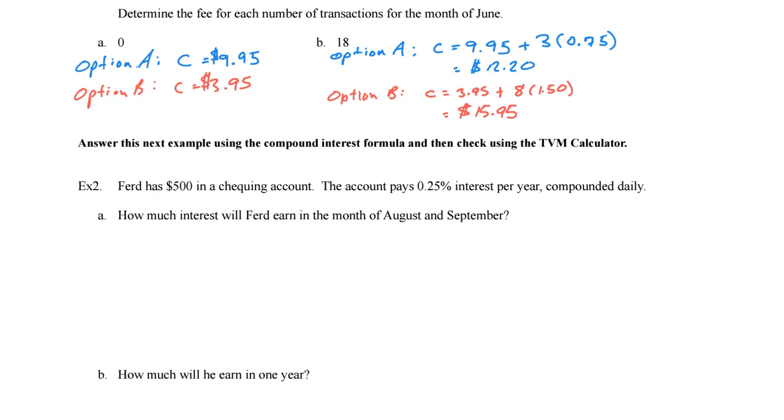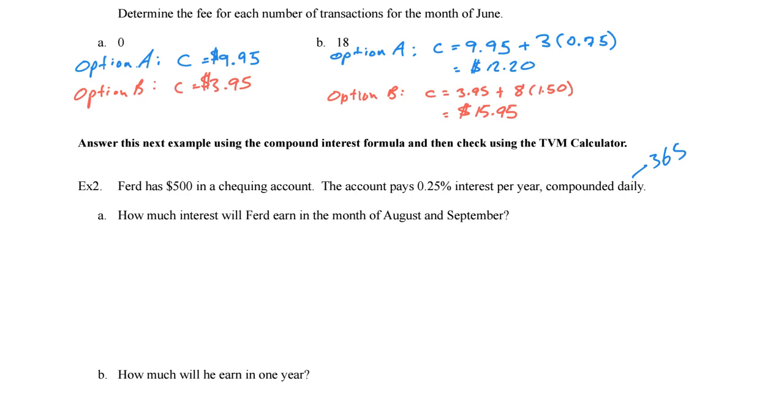Now, what we're going to be doing is we're going to find out how much interest this guy called Ferd has if he goes and puts $500 in a checking account and the account pays 0.25% per year compounded daily. So just remember that when we're talking about compounding daily, there are 365 days.